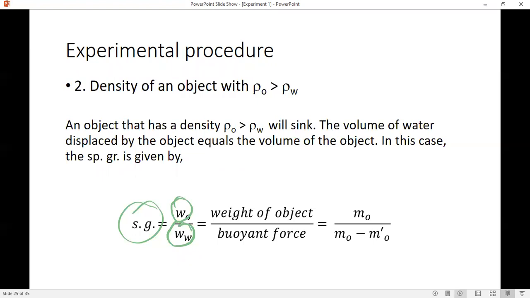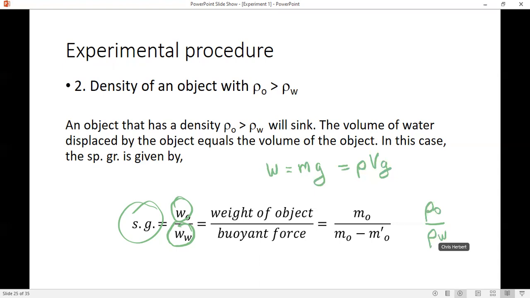Because the weight is equal to the mass times acceleration of gravity. The mass is equal to the density times the volume. And when we do this, because the volume and the acceleration of gravity are the same, the ratio just becomes the ratio of the density of the object to the density of the water.